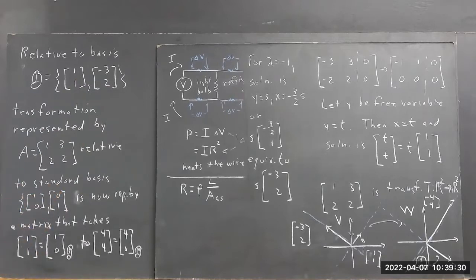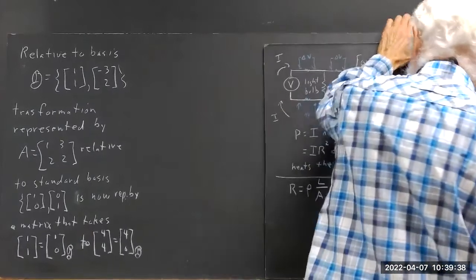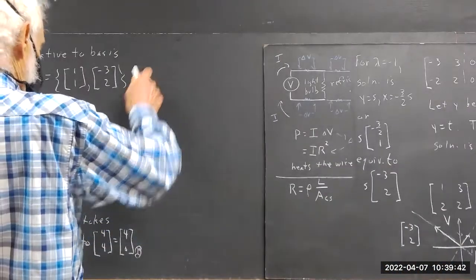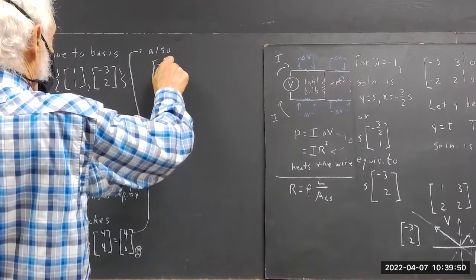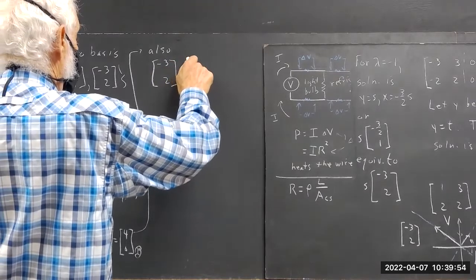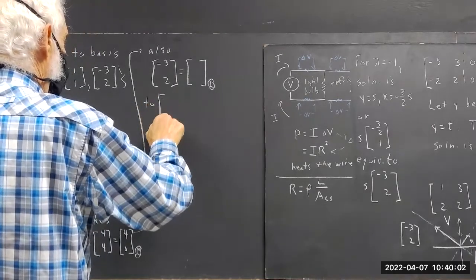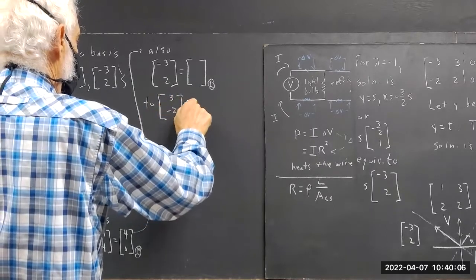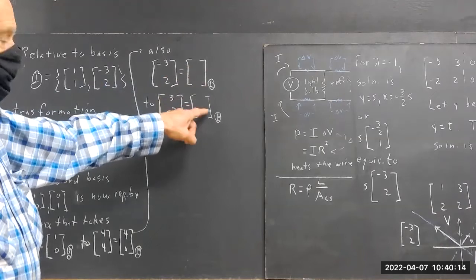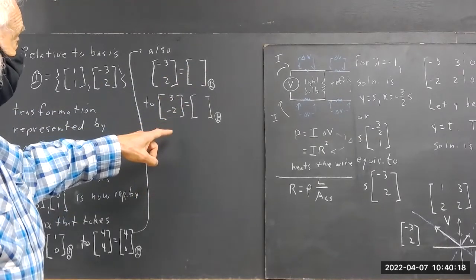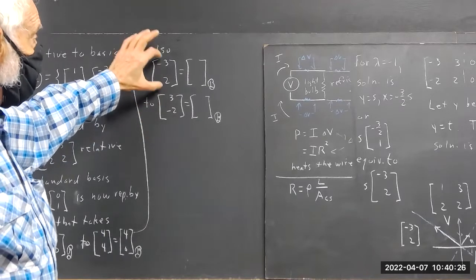Okay, what else does it take? It also takes negative 3, 2 to some matrix relative to B. Well, what's this matrix relative to B?